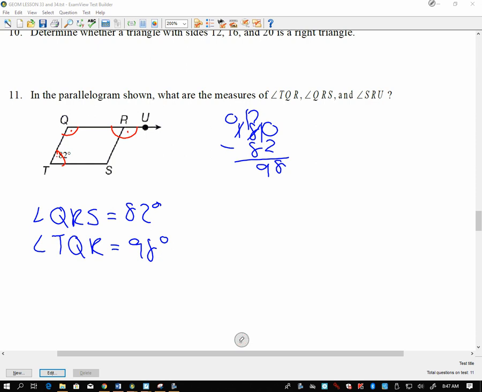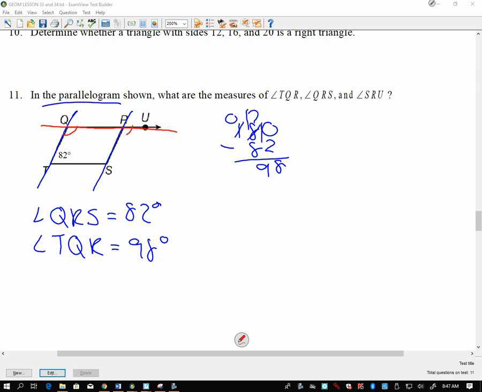Now, here's the other thing that you can look at this for, is that what do we call this shape? It's a parallelogram, right? Which means these two lines are parallel, correct? Which makes this line right here a what? Think about two parallel lines cut by a transversal. Well, if I go back to lesson 12, I learned 4 different things about two parallel lines cut by a transversal.